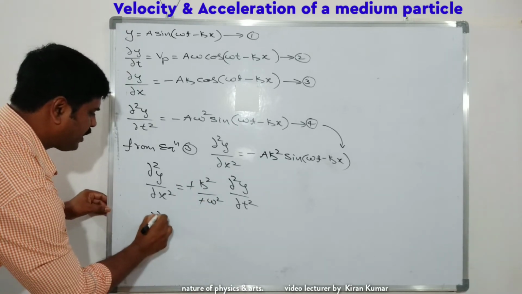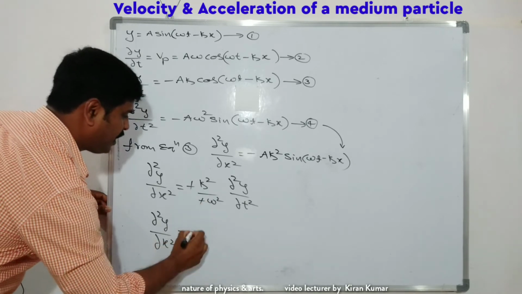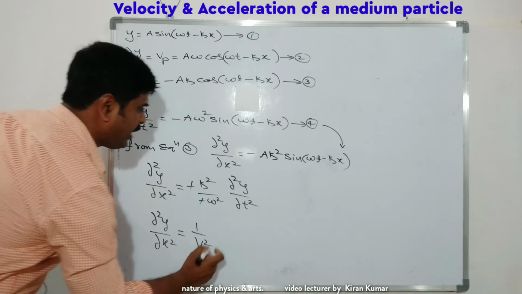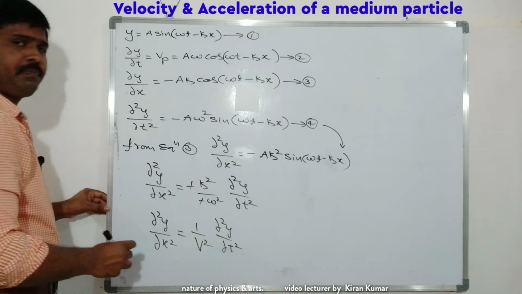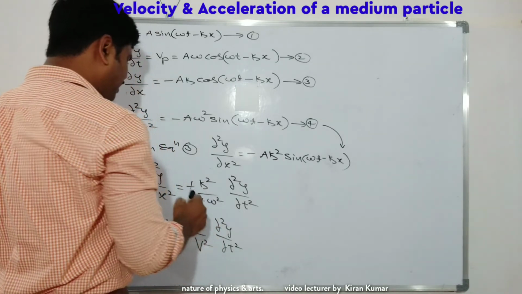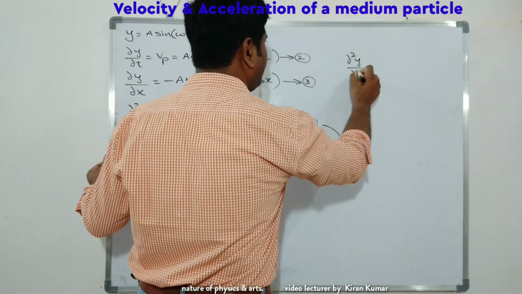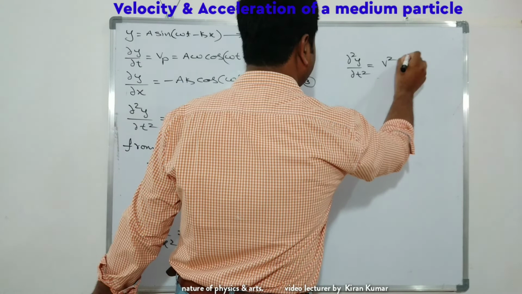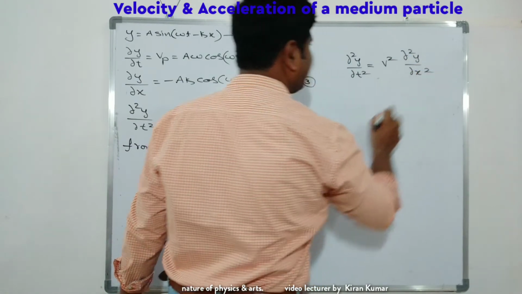Here ∂²y/∂x² is equal to 1/v² times ∂²y/∂t². So then, from the continuity relation, ∂²y/∂t² is equal to v² into ∂²y/∂x².